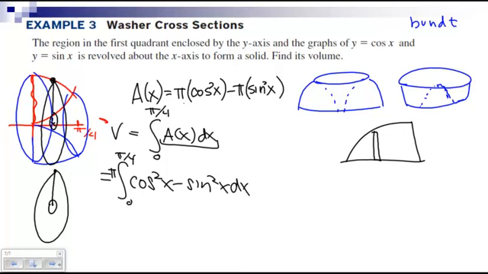Almost always these kinds of volume and area problems are on the calculator portion of the free response section. By the way, the odds are 19 to 20 that you're going to get a volume problem on your AP free response section. They're almost always there.